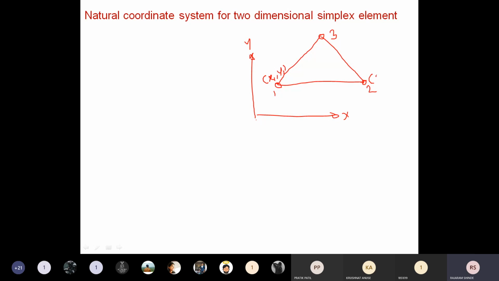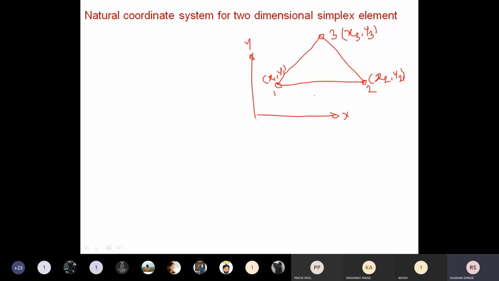Coordinates of node number 2 are x2, y2, and coordinates of node number 3 are x3, y3. These are the global coordinates of nodes 1, 2 and 3.